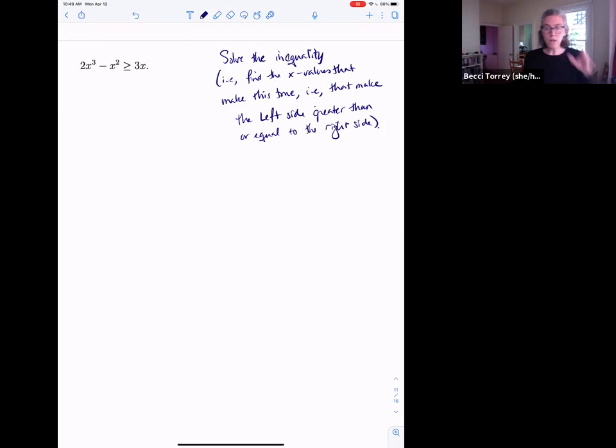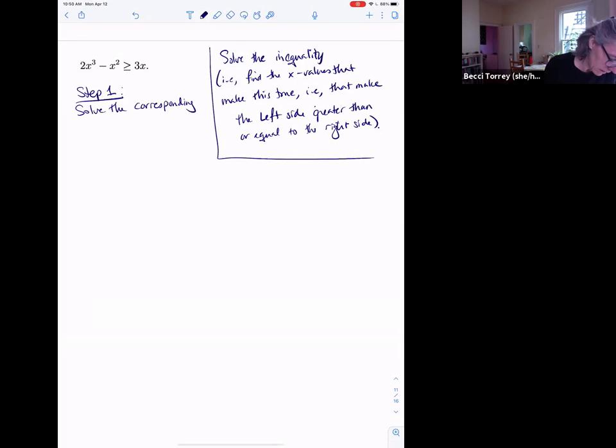When we solve these inequalities, the first step is to put in an equal sign and solve the equation the same way we did before. So the first step is to solve the corresponding equation, i.e., replace your inequality with an equality.